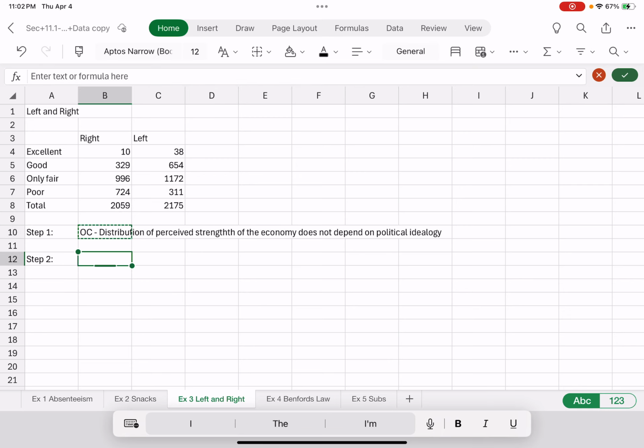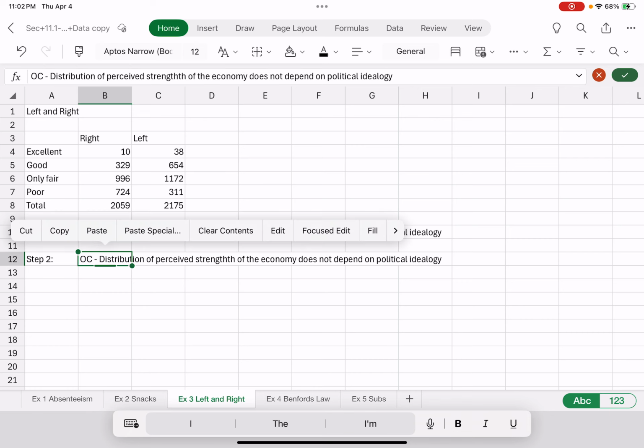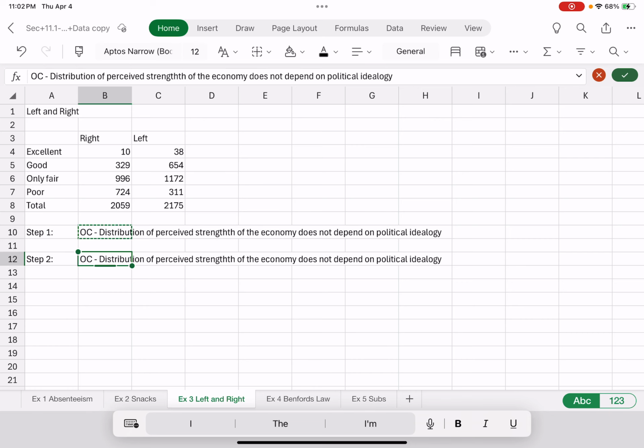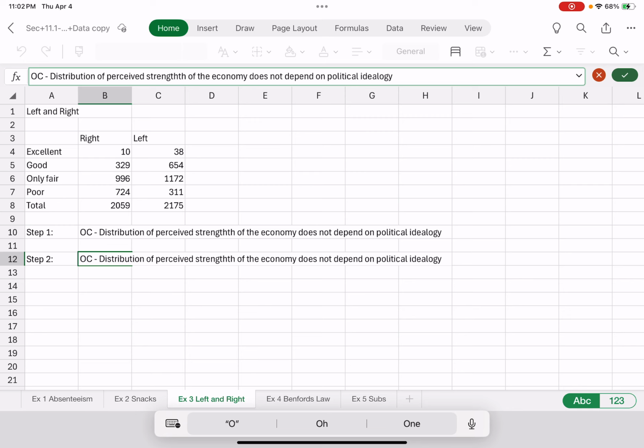Now this is the opposite of the original claim. The distribution of perceived strength of the economy does depend. That's the opposite.